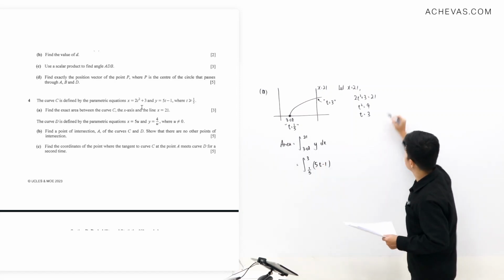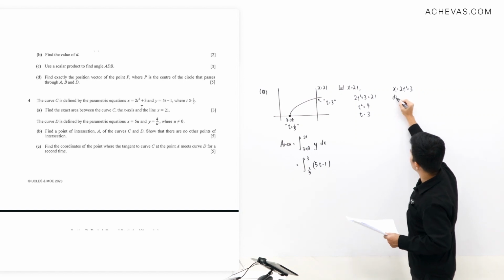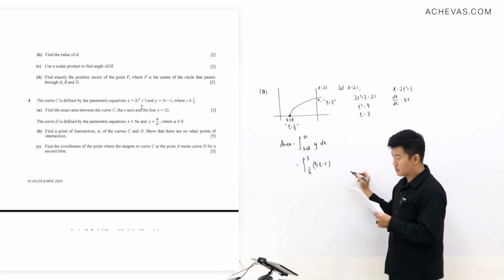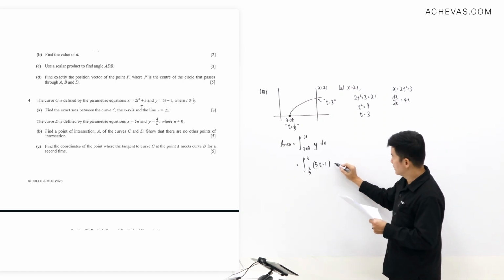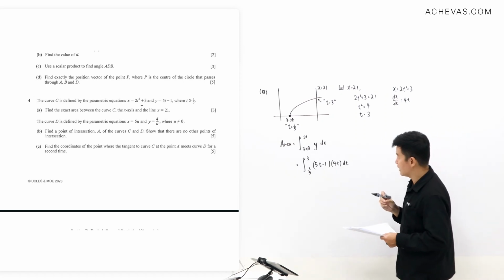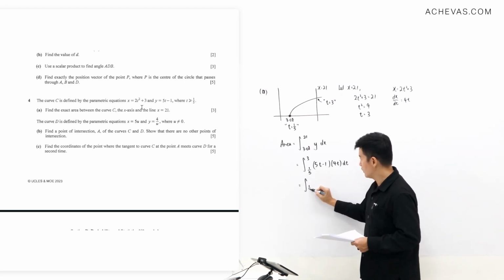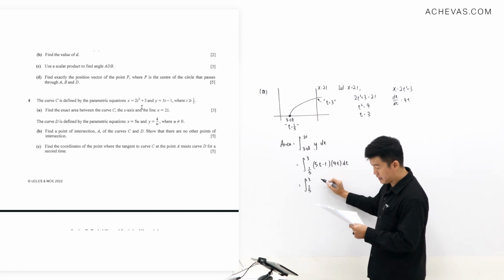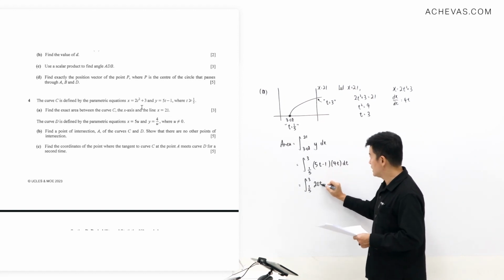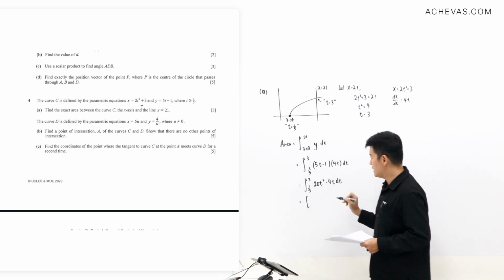As for dx, we are given that x is equal to 2t squared plus 3, so dx/dt is going to be equal to 4t. So here I am going to write this as 4t. Okay, so we have this, and we're supposed to find the exact area of this, so we have to do the integration ourselves, integrating from 1 over 5 to 3, multiplying this in, we have 20t squared minus 4t, and this is an easy integration.